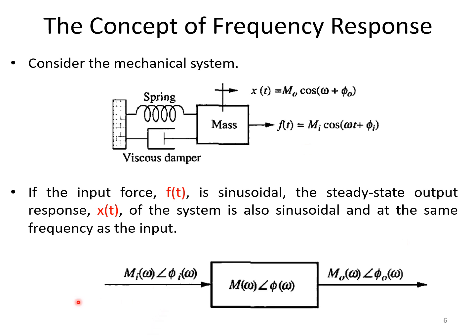So the magnitude and phase of the input are represented as m i of omega, the magnitude of the input, and phi i of omega, the phase of the input. The output response of the system is represented as m naught of omega, and the phase value as phi naught of omega.